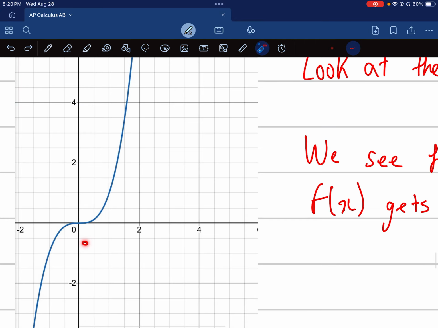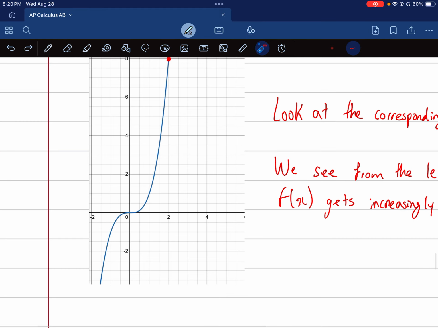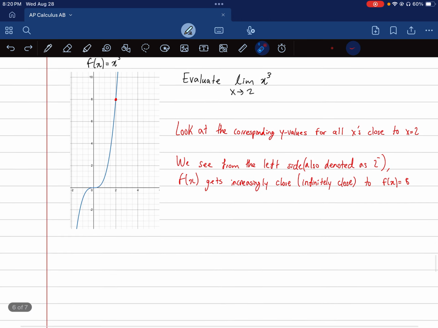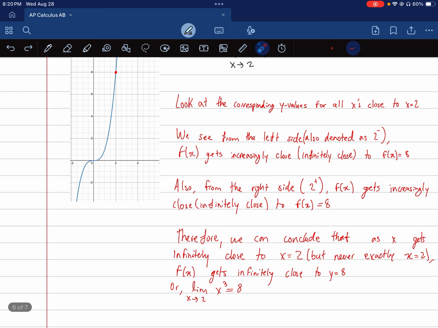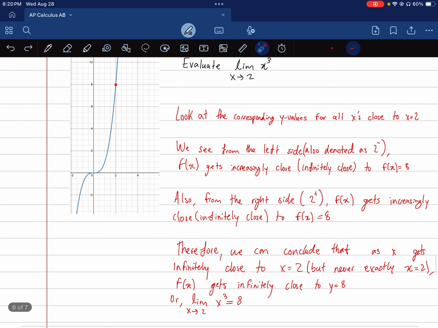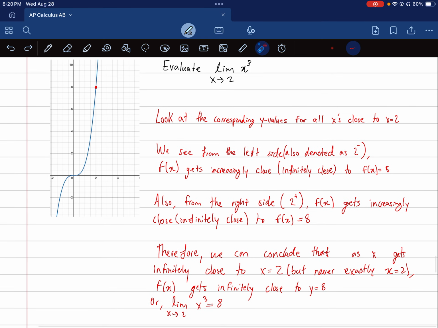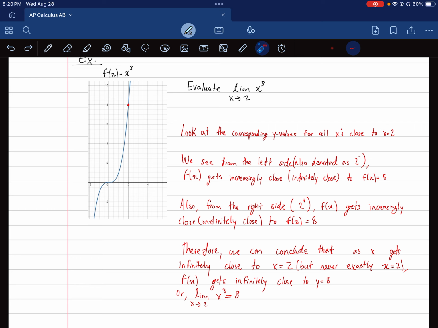So as we approach 2 from the left side, 2 superscript minus, not minus 2, f of x gets increasingly close to 8. Also from the right side, which is 2 plus, f of x gets increasingly close to 8.